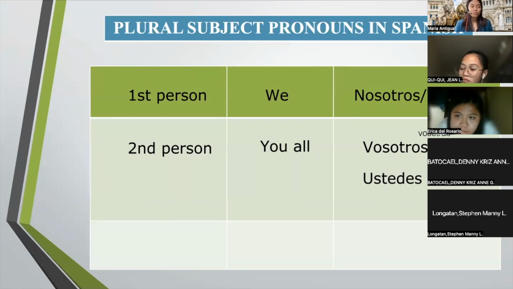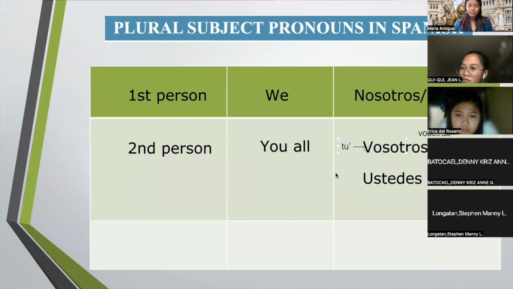Yung vosotros na word, it's only in Spain, just like what we have watched in the video earlier. Vosotros or vosotras, same principle, no? Group of male or female or mixture, vosotros, vosotras. But in Spain, vosotros is now informal.